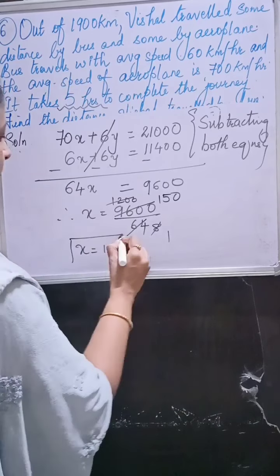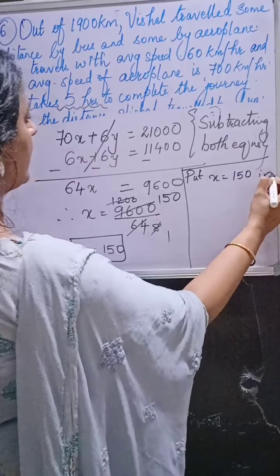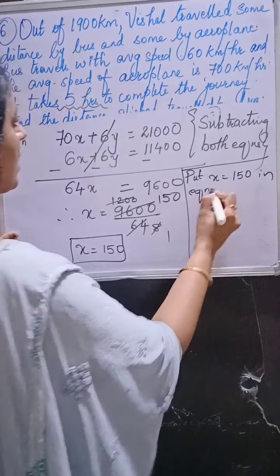Now after this, put x is equal to 150 in this equation. What was that equation? Equation 3 I suppose. I don't remember what was the equation. You write the equation number. 6 into 150 plus 6y is equal to 11400.